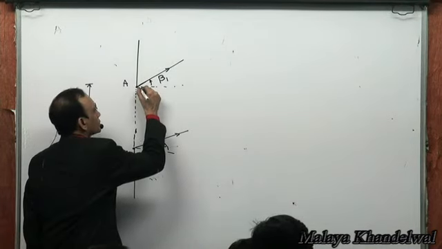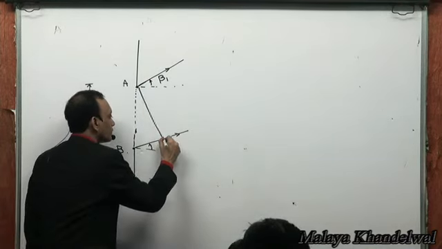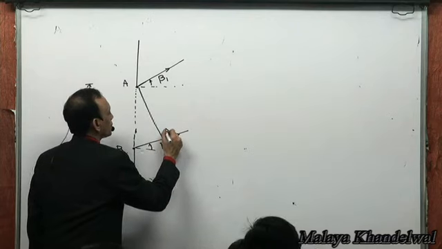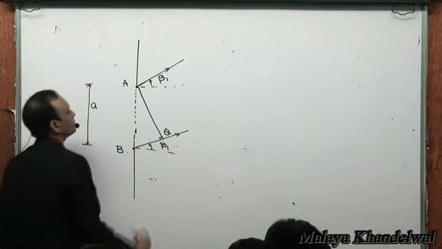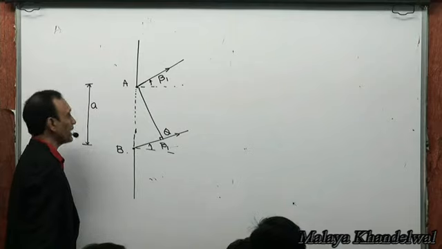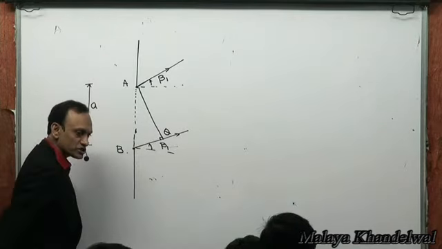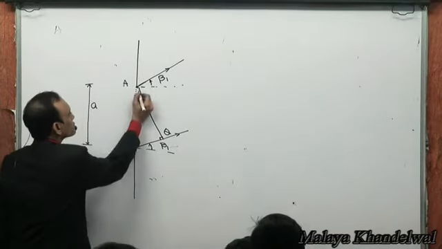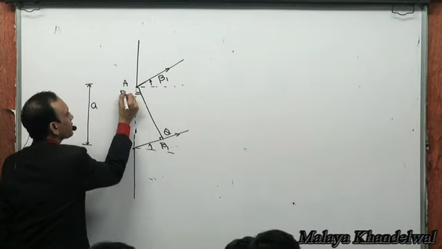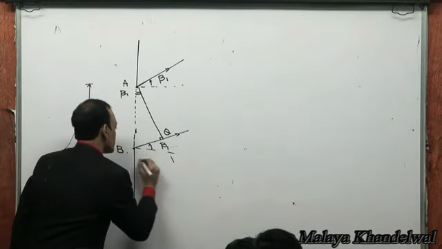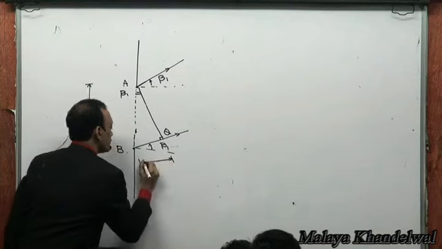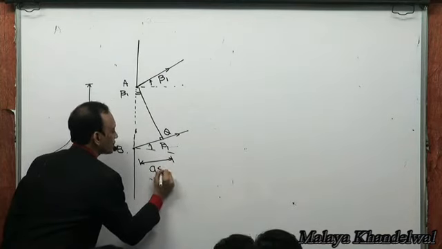And Q is the foot of the perpendicular from A onto this diffracted ray. This will, like before, be beta 1. This path difference, again like before, is going to be A sine beta 1.